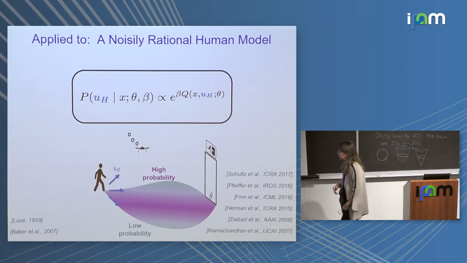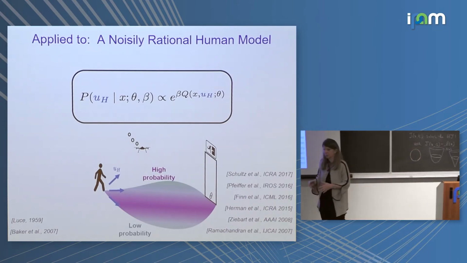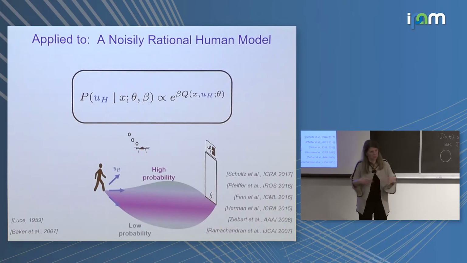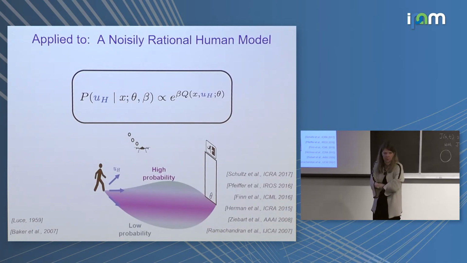That's one of our challenges, trying to fly robots or drive robots in areas where people are moving around. This has been a project with a number of students over the past few years. It also involves Sylvia Herbert, who has worked on FaSTrack and these decomposition methods for Hamilton-Jacobi.